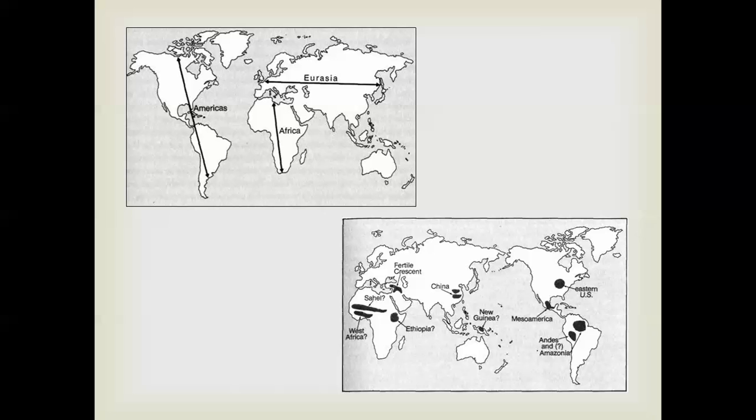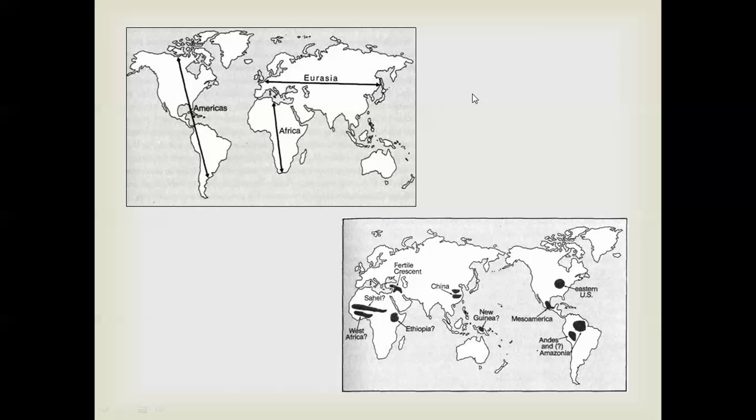Most trade occurs east to west early on. Most of the early civilizations, whether it's the Fertile Crescent in Mesopotamia, Nile River civilization, Indus River civilization, Chinese civilization, all of those civilizations all occurred, really, if you take a look right here, right through here.